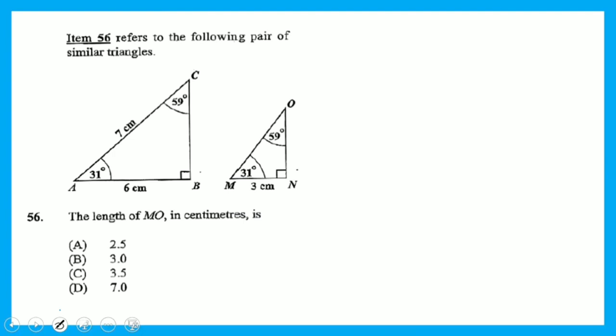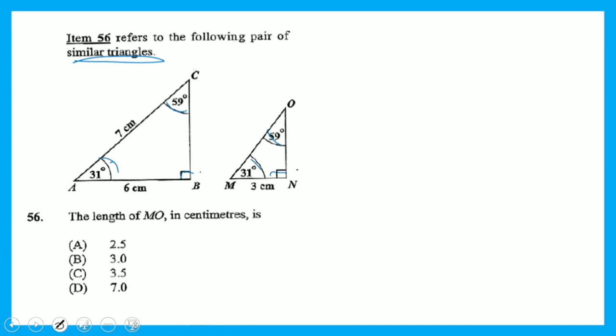Next, we've seen this one as well. A pair of similar triangles. What does that mean? The ratio of their sides and angles are equal. You can tell that it's similar even if you weren't told, because all the angles are the same. The angles that are in the same position are the same. So here we go.